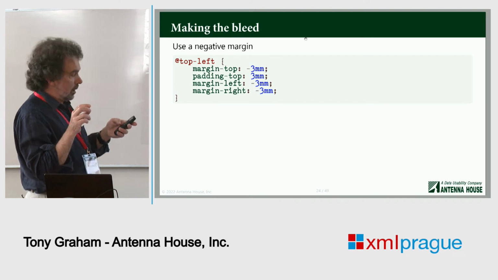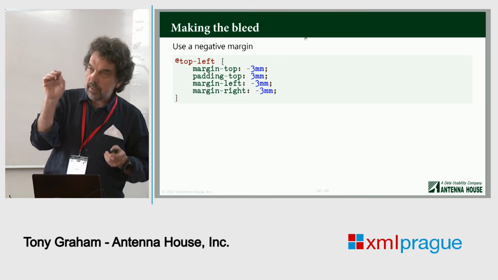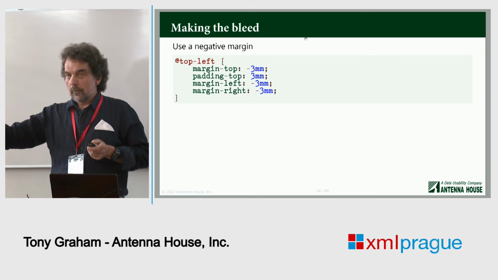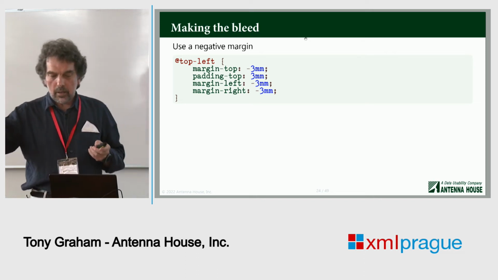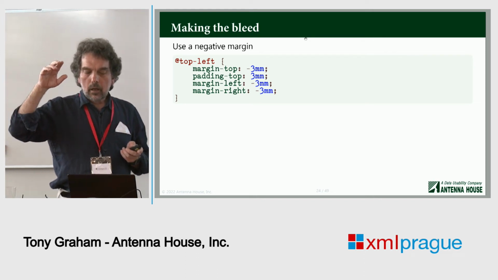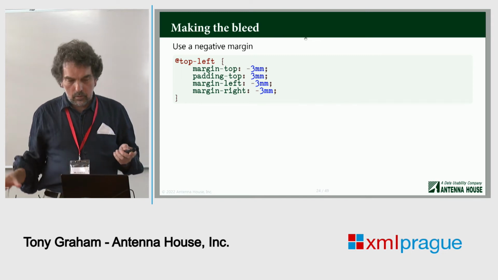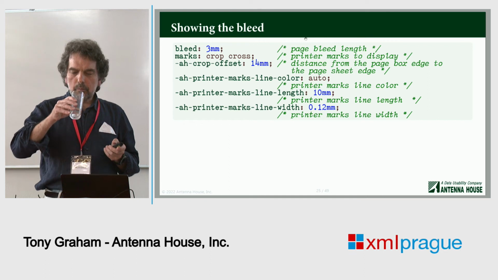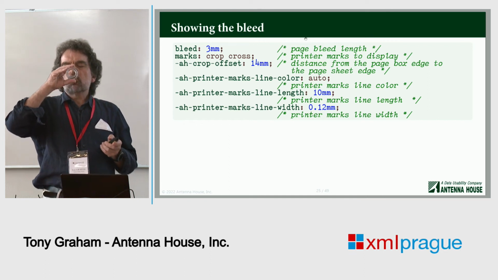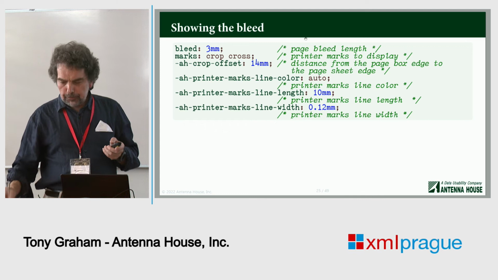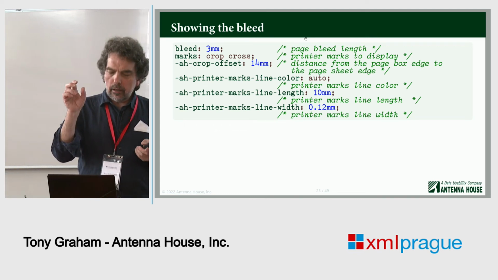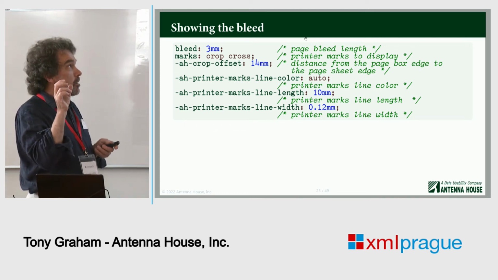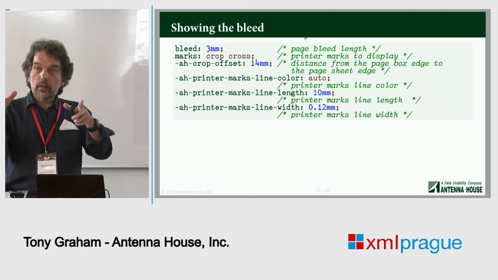So with your page margin boxes, you would use a negative page margin to bleed off the edge of the page, and then you need a mechanism to tell the formatter that there is a bleed area and it should be included in the output PDF.